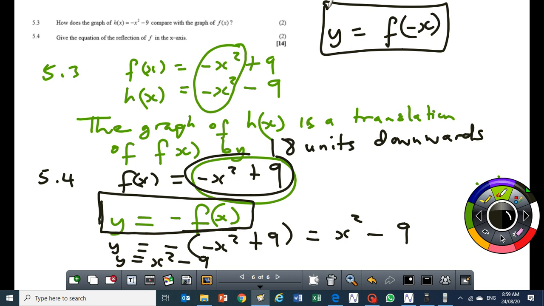So all you have to do is, if you are given f of x, you just substitute it, and you get your new equation. Okay? Remember, before we go, that if a graph has a maximum turning point, if it's reflected about the x-axis, it changes from having a maximum turning point to a minimum turning point. That's why it looks like that. All right?